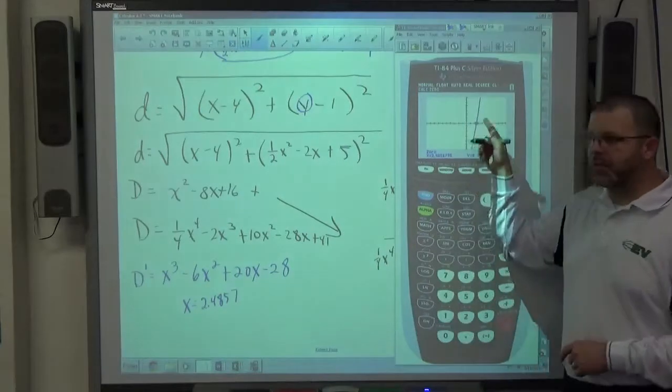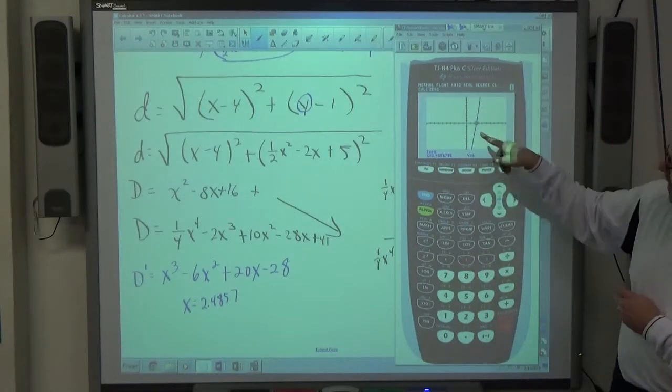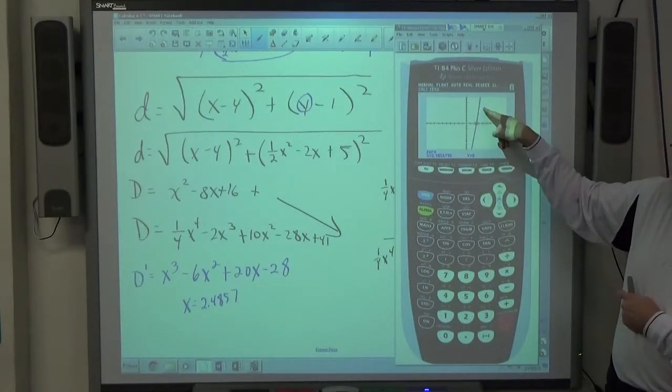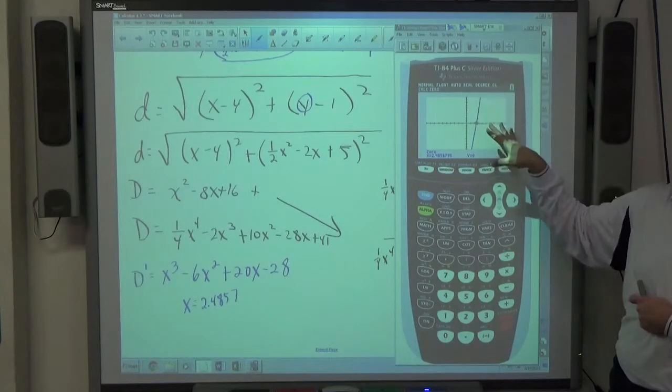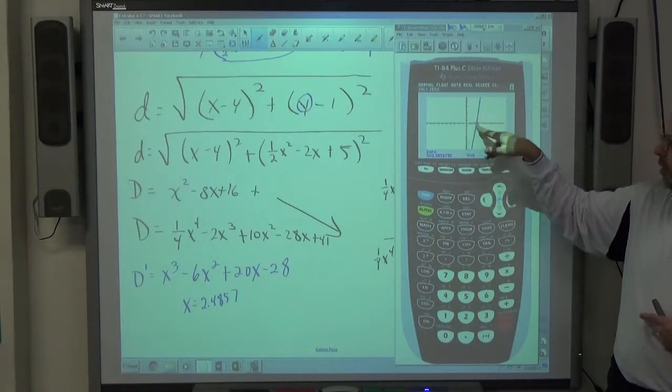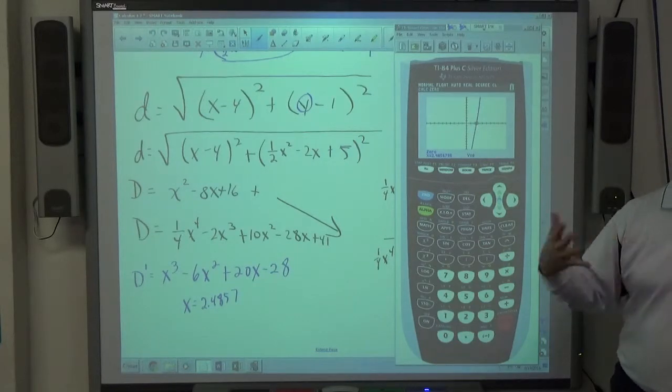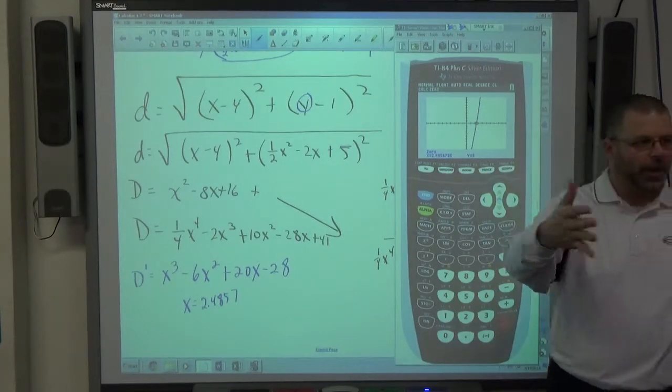Also, looking at the graph, this is the graph of the derivative. It goes negative to critical number to positive, so it decreases, then it increases, right? So just a visual representation of the derivative tells us decrease, increase, that's a minimum. That represents what we're looking for, so we don't have to go through the whole interval thing this time.